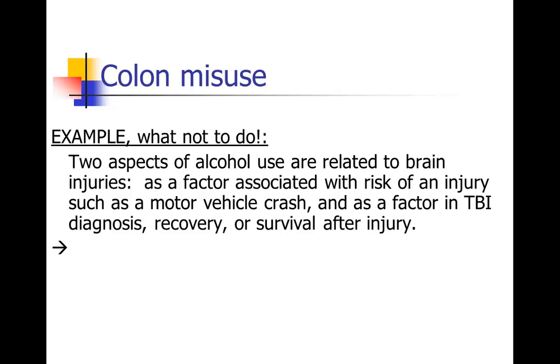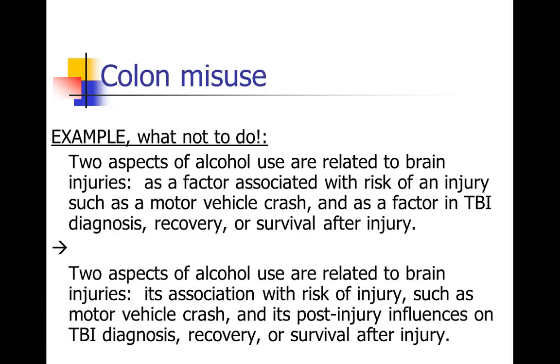So the correct way to do this would be to say something like, "Two aspects of alcohol use are related to brain injuries: its association, that's a noun, its association with risk of injury, such as motor vehicle crash, and its post-injury influences on diagnosis, recovery, or survival after injury." You've got to change those to nouns because that's what the setup had led the reader to believe was coming.